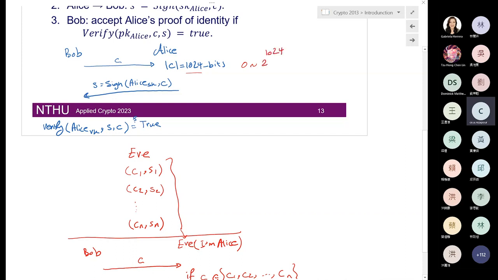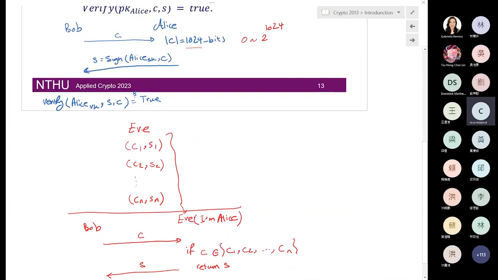So this is a huge number, which means that this is the entire set of challenges that C comes from.